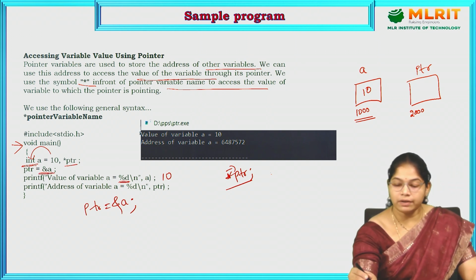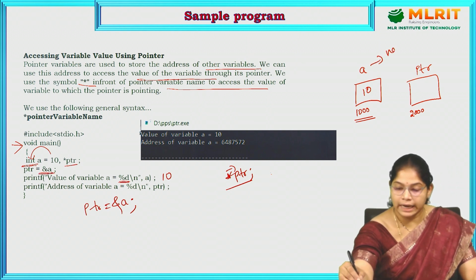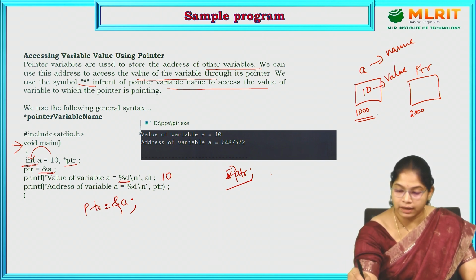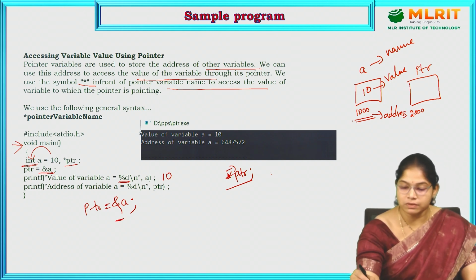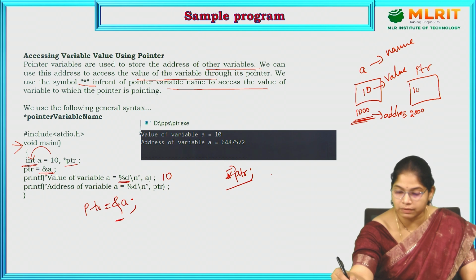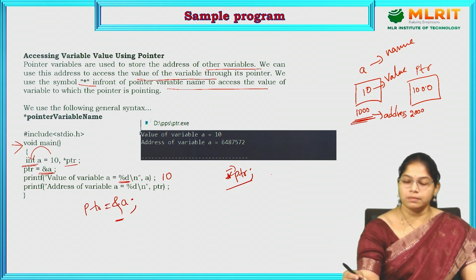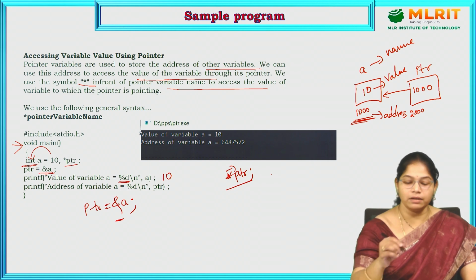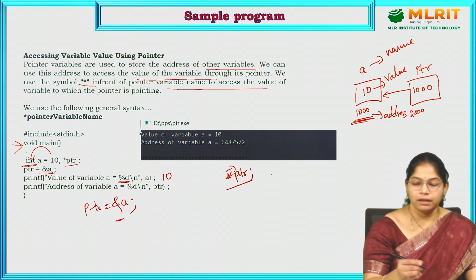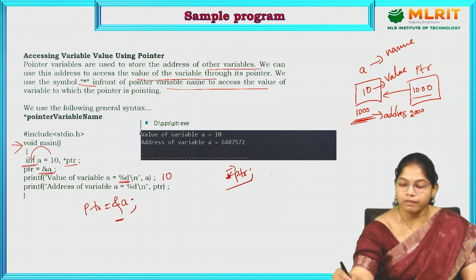So what is the address of? This is the name of the variable, this is the value, and here we have the address of that variable. Now ptr is equal to address of A. What is the address of A? Here we have 1000, so here we store 1000. That means if I want to print the address of variable A, it is here in ptr.